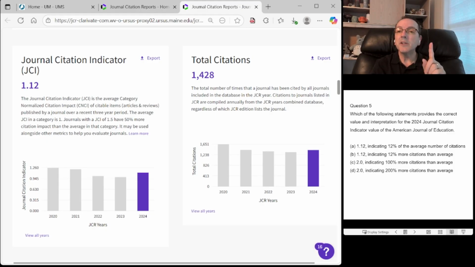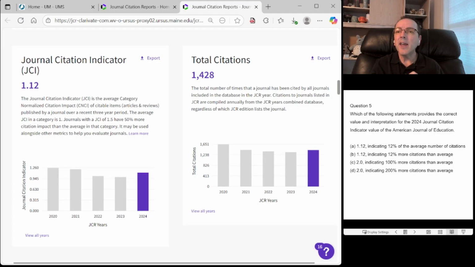So notice the difference though in how they describe it. A, 1.12, indicating 12% of the average number of citations. Well, if the average is like this big, 12% is a small, no, that's not it. It's only a tiny fraction of the average citations. So no, it's not that.